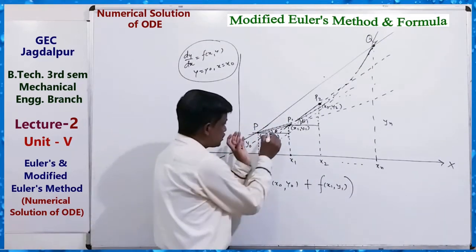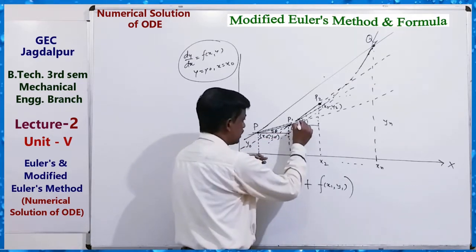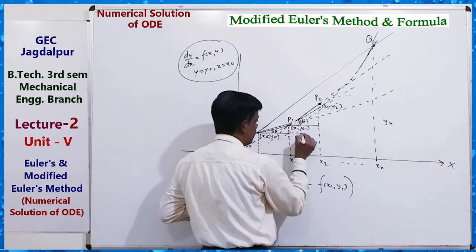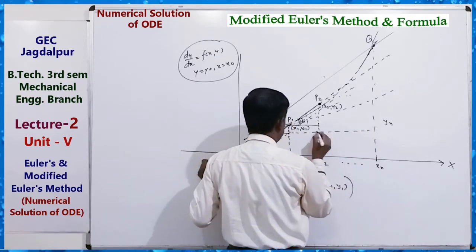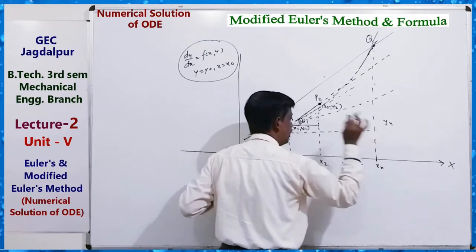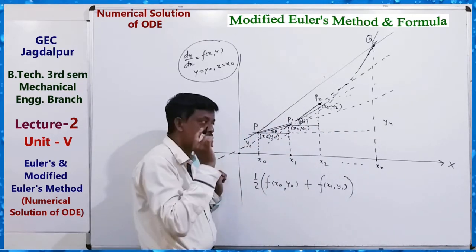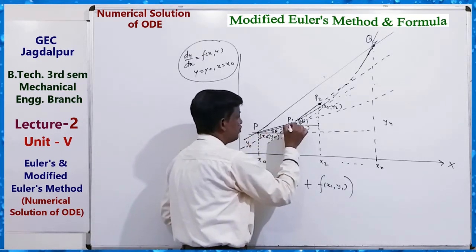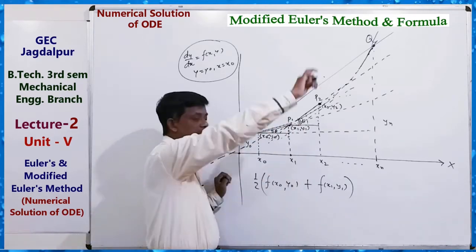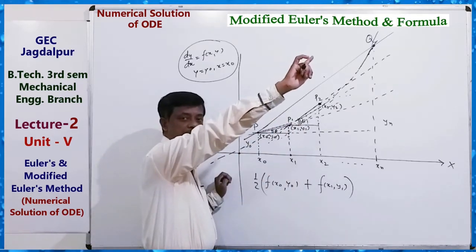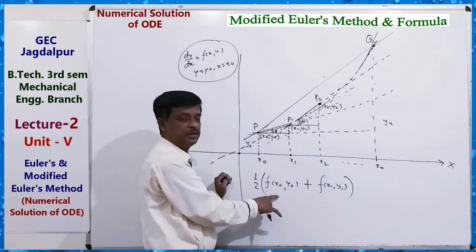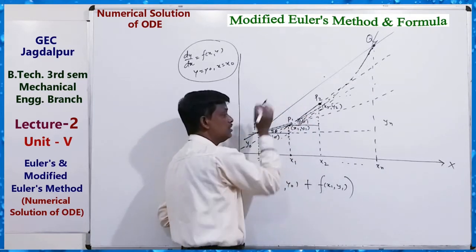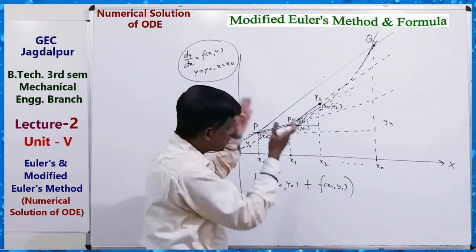Here this is the first slope, this is the second slope. Taking the average of these slopes, at this level, from here we can draw a line with this slope, then that line will be nearer to this line, and we do this process repeatedly.